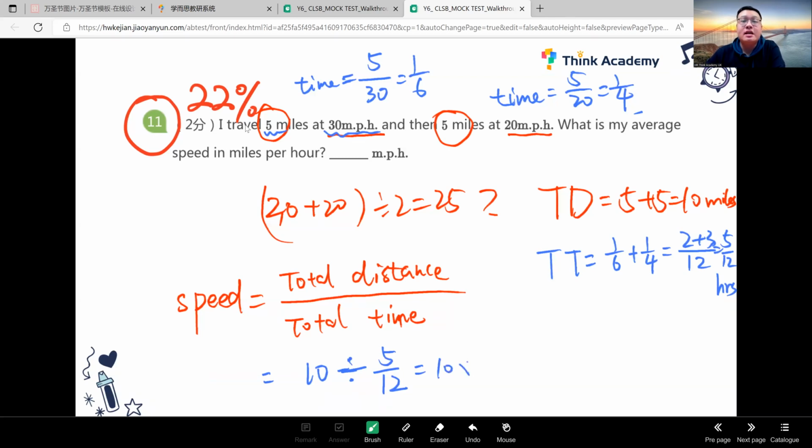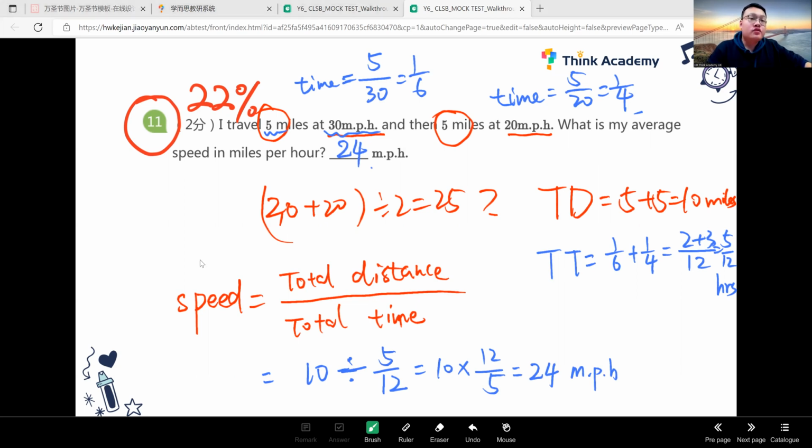That equals 10 times 12 over 5, and that will be 120 divided by 5. You got 24, right? So that'll be 24 miles per hour. That'll be the correct answer.